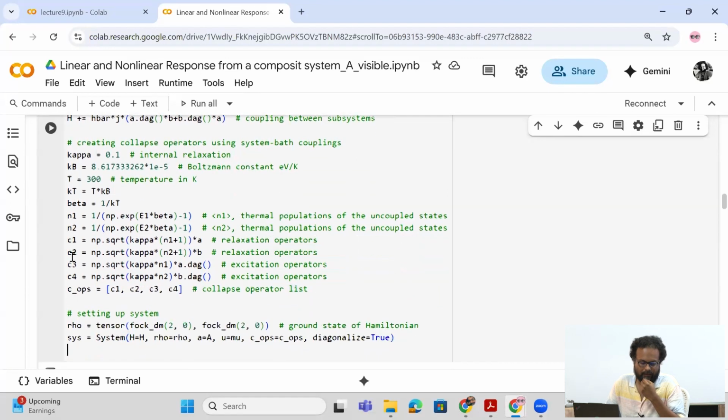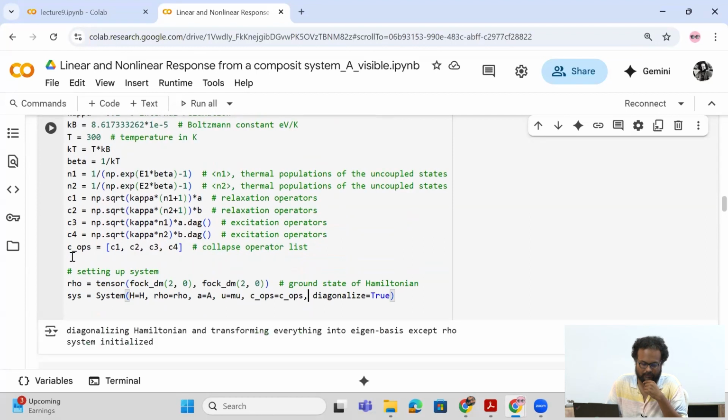My system setting up is exactly the same. Because you have 2 subsystems, you need to take the density matrix of one, which is 2 by 2, the density matrix of the other, which is 2 by 2, and then do a tensor product. Then you create your final density matrix.